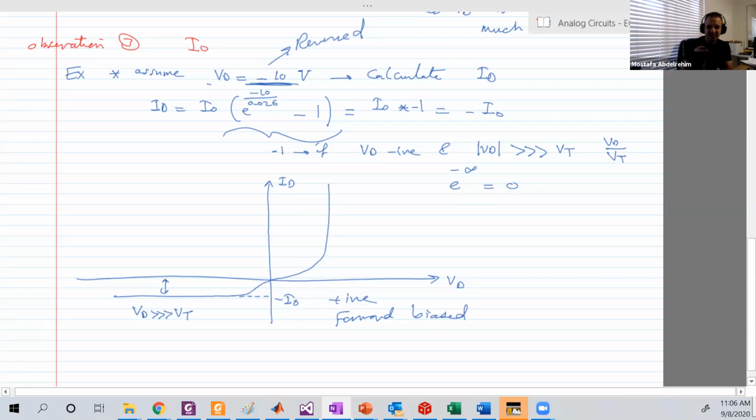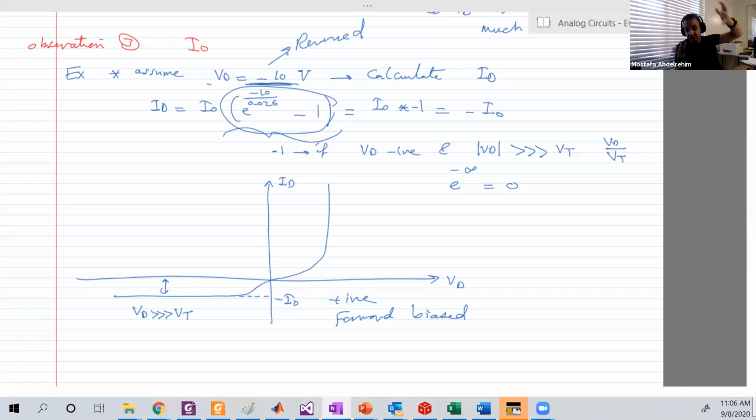But if it's not that deep reverse, this term will have a value, but negative also, because e to minus something is less than 1. For example, 0.5 minus 1 is equal to minus 0.5, so still minus 0.5 I naught.